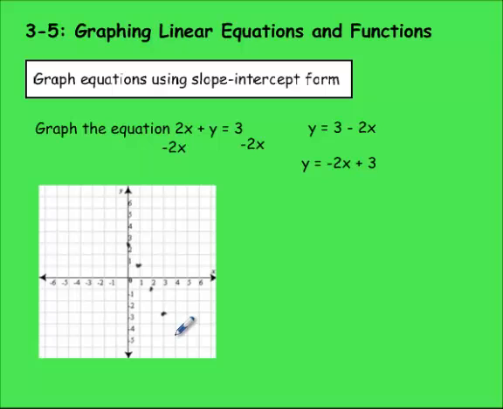If I go negative 1, I would rise a positive 2. Negative 1, positive 2 rise. And here we can see that I can actually draw this line and get it right on that equation.